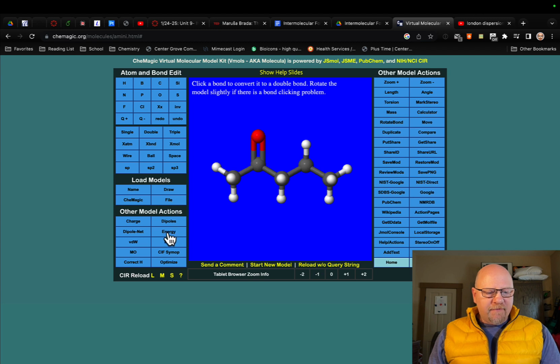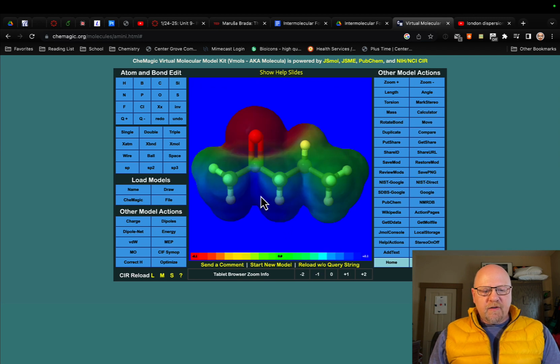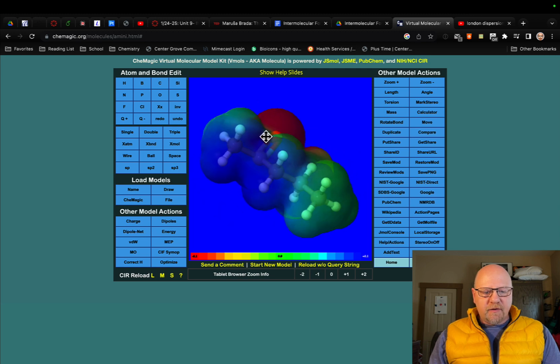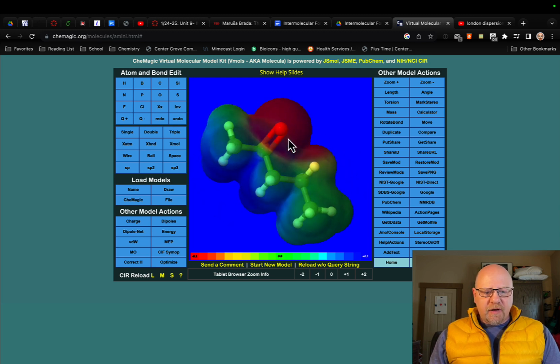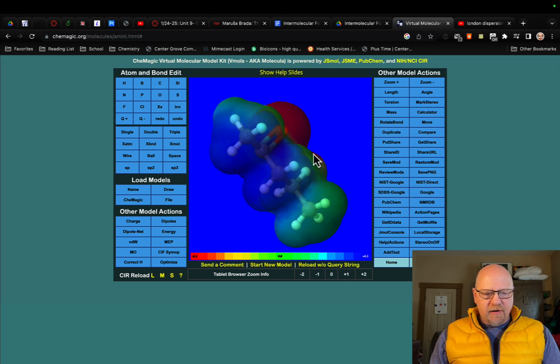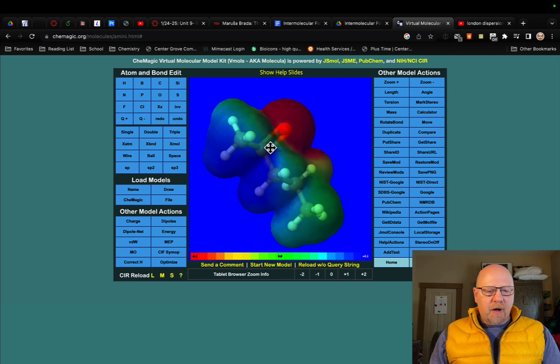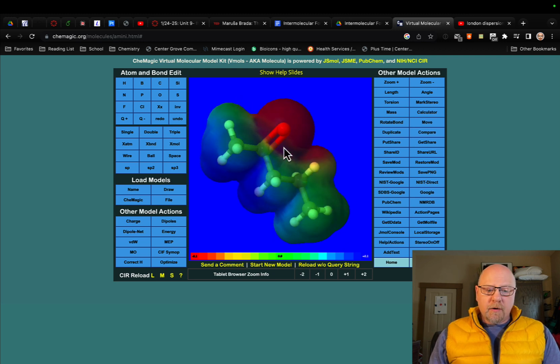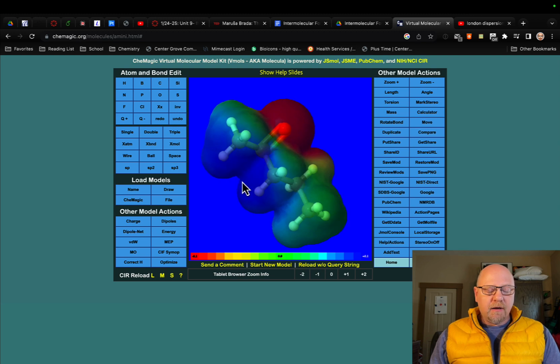And finally, if I hit this button that says MEP, we can see now how the polarity exists in this molecule. This area of red is associated with a negative value, and this area of blue is associated with a positive value. So the polarity of this molecule, it is polar, with the oxygen being negative and these hydrogens here being positive.